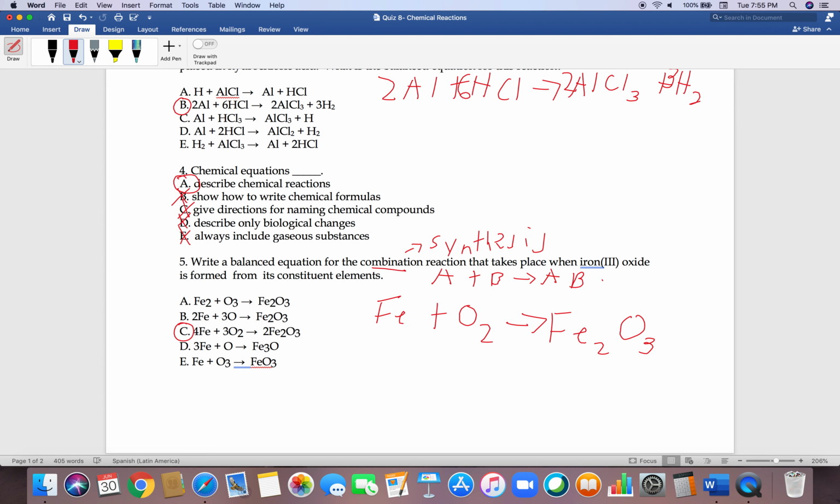The only way to balance this is once again to make the oxygen 6. So I'm going to put a 2 in front of the iron(III) oxide, which will make the oxygen 6. In turn, I'll have to put a 3 in front of the oxygen gas to make it 6. But in turn, I'm getting 4 iron because 2 times 2 is 4. So I get 4 total iron on the left. So that's how you balance that.